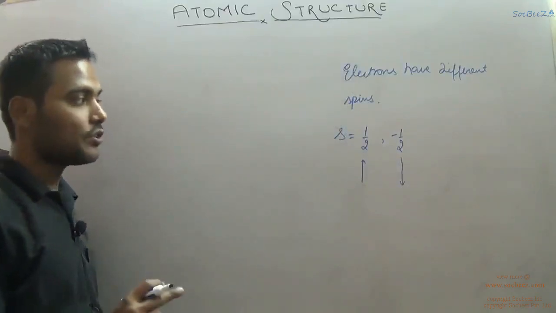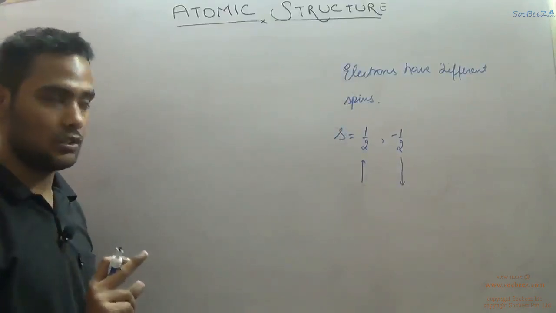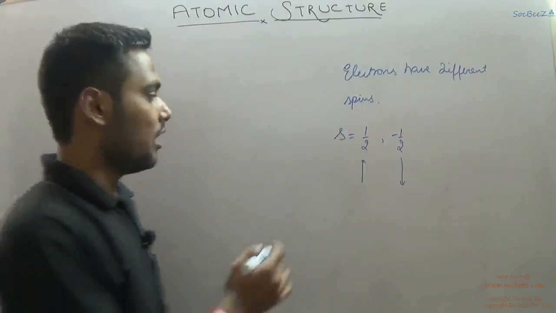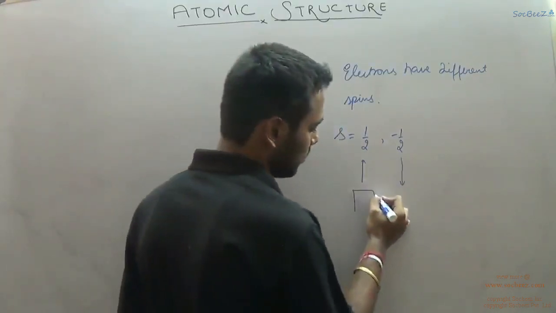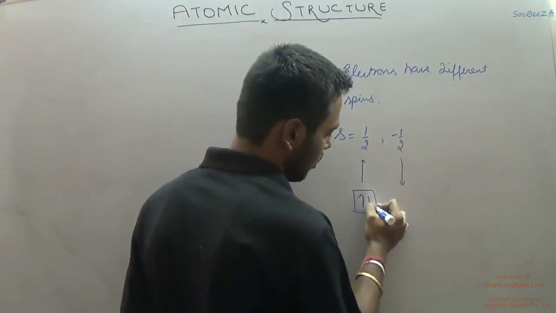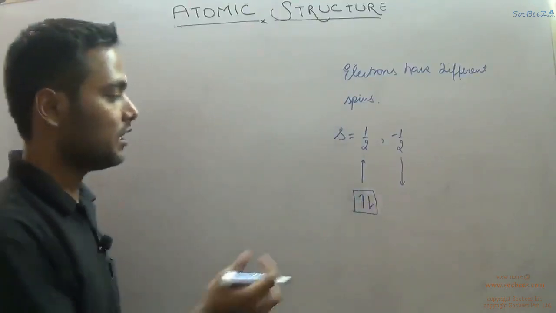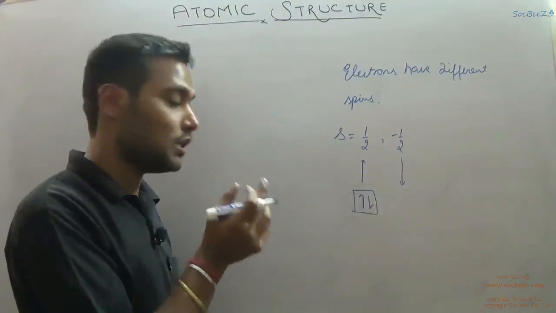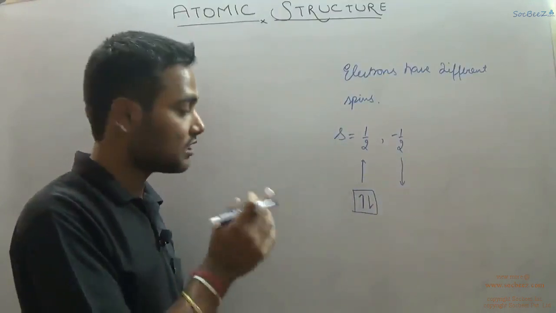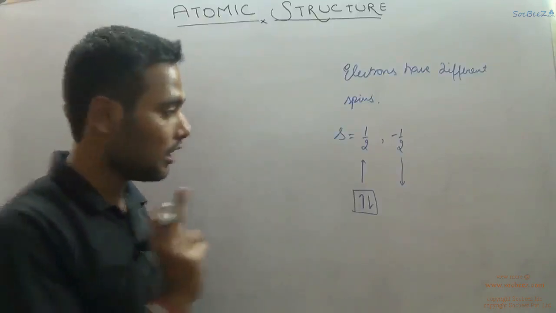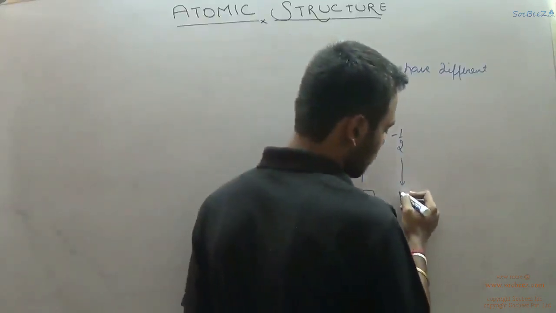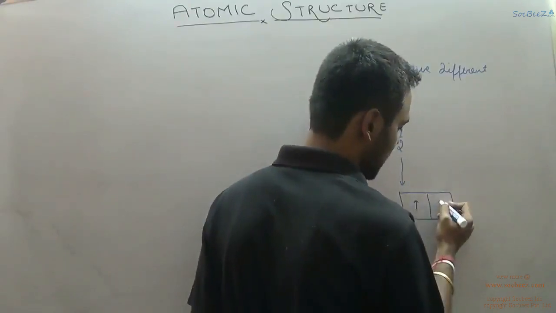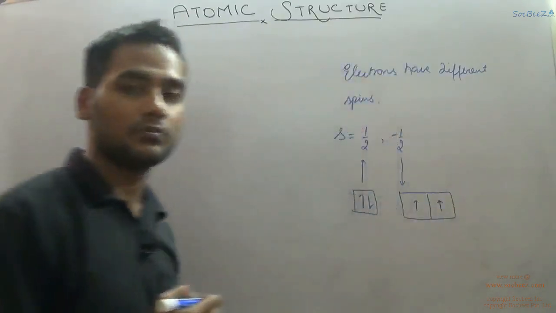An electron in an orbital, we are going to see later what an orbital is, is always paired. By paired, it means they have opposite spins. Opposite spins minimize the repulsion between the electrons, and hence they can stay in one orbital. Whereas two electrons in different orbitals are not paired. It means they have the same spins.